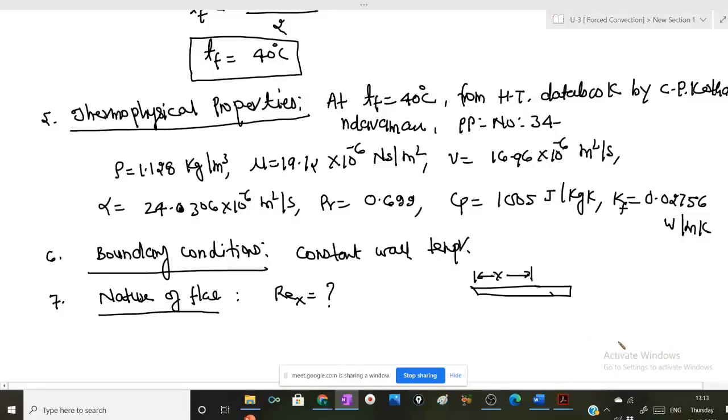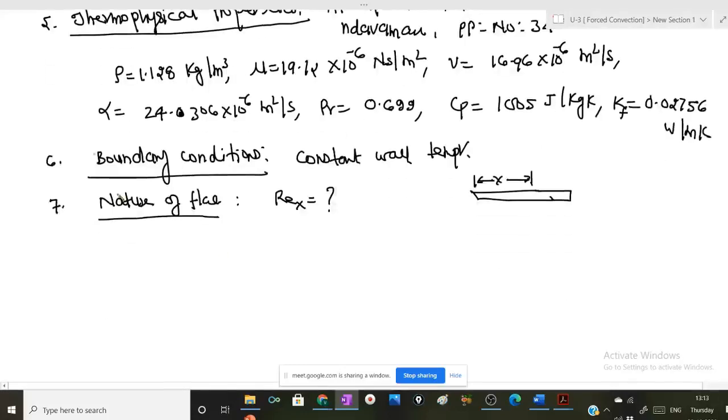We are supposed to calculate if the fluid is flowing from leading edge up to this distance, what will be the nature of flow up to the distance. So, nature of flow can be decided by calculating the value of Reynolds number. So, Rex will be rho into U infinity into Lc over mu.